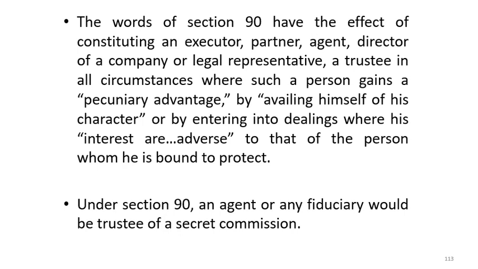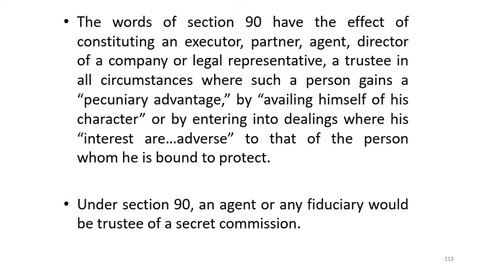Now the words of section 90 of the Trusts Ordinance have the effect of constituting an executor, partner, agent, director of a company, legal officer or legal representative, or trustee, a trustee in all circumstances where such person gains a monetary or pecuniary advantage by availing himself of his character or by entering into dealings where his interests are adverse to that of the person whom he is bound to protect.